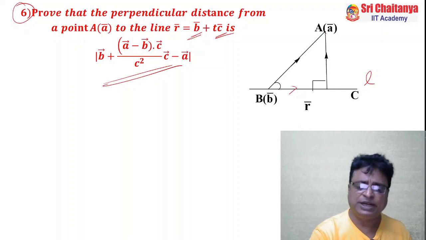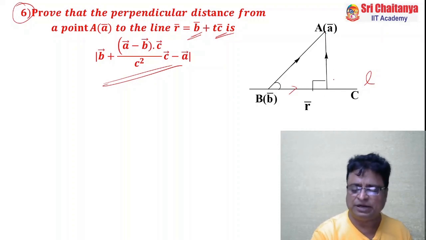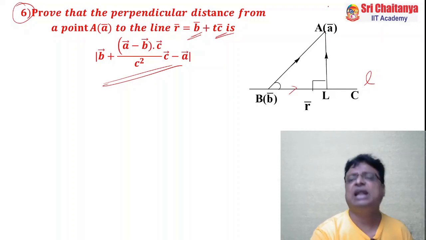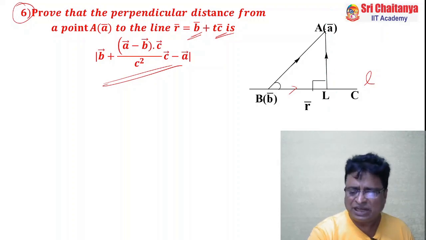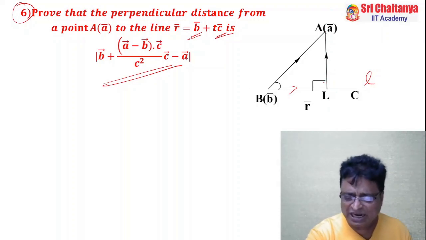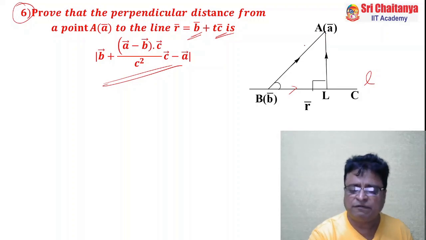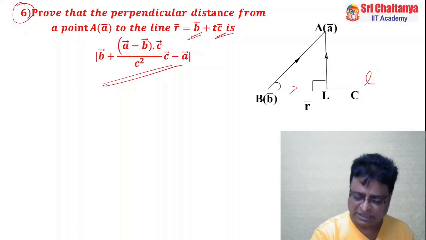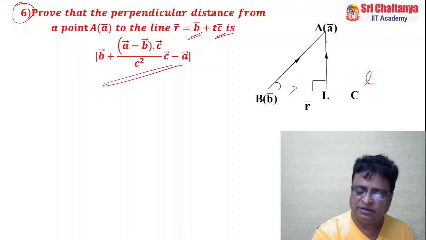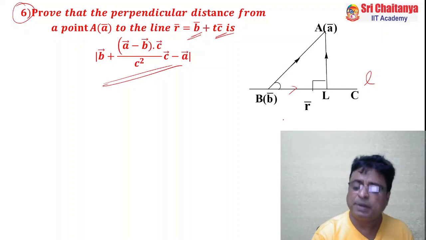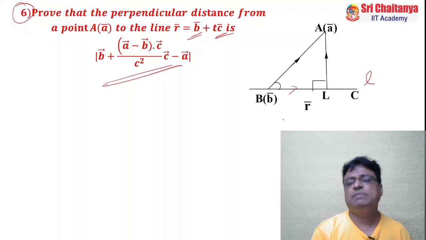And this is point A. We need to find a perpendicular distance. That means AL I need to find. As shown in the diagram, what is AL actually? This is the component vector of AB bar. In the diagram, it is very clear that AL bar or LA bar is nothing but the component vector of BA bar perpendicular to C bar.